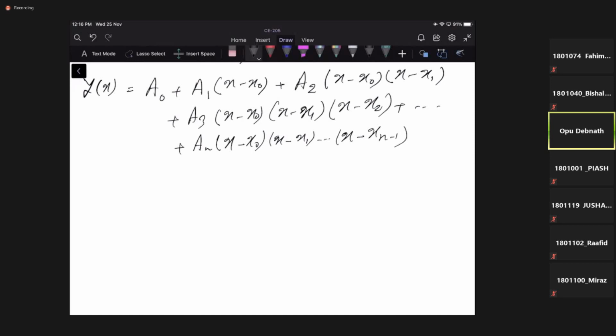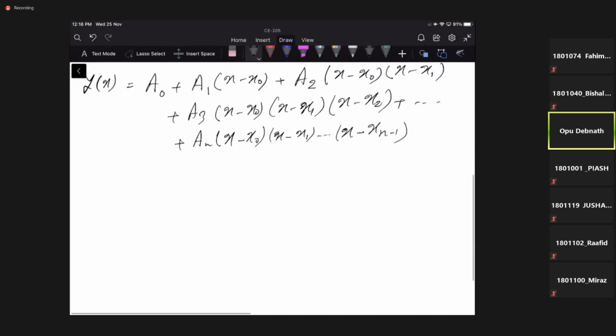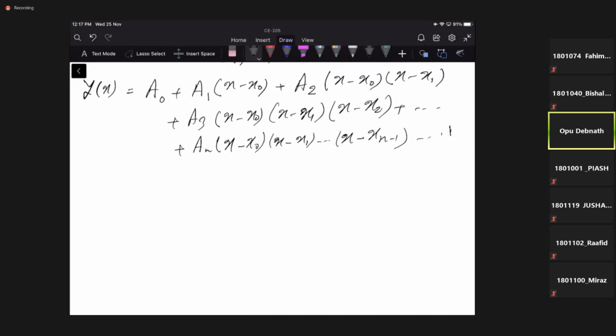This is the polynomial form, and now in this equation we will put successively x equal to x0, x1 up to xn. First, if we put x equal to x0, what is the corresponding value of y? y0.